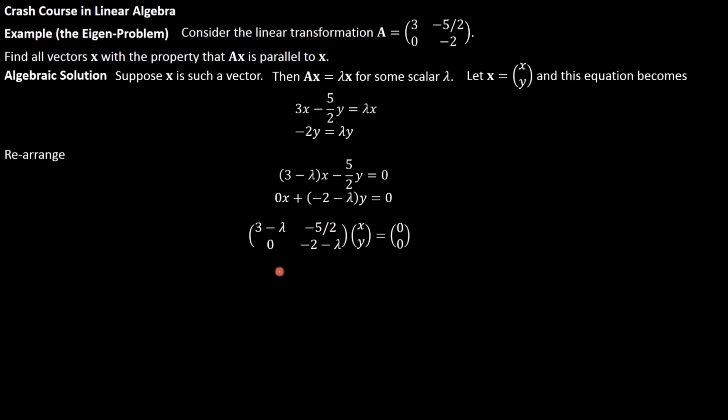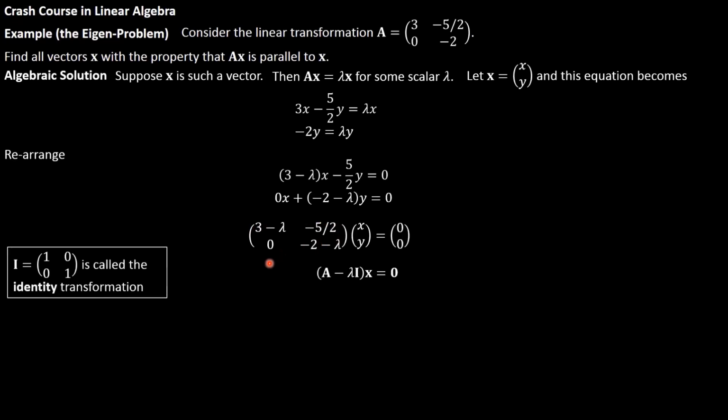So we're trying to find a solution to this system of equations. But this matrix here can be written as the original matrix, (3, -5/2; 0, -2), minus lambdas along the diagonal. So if you subtract lambda times the identity from this matrix, you get this matrix.